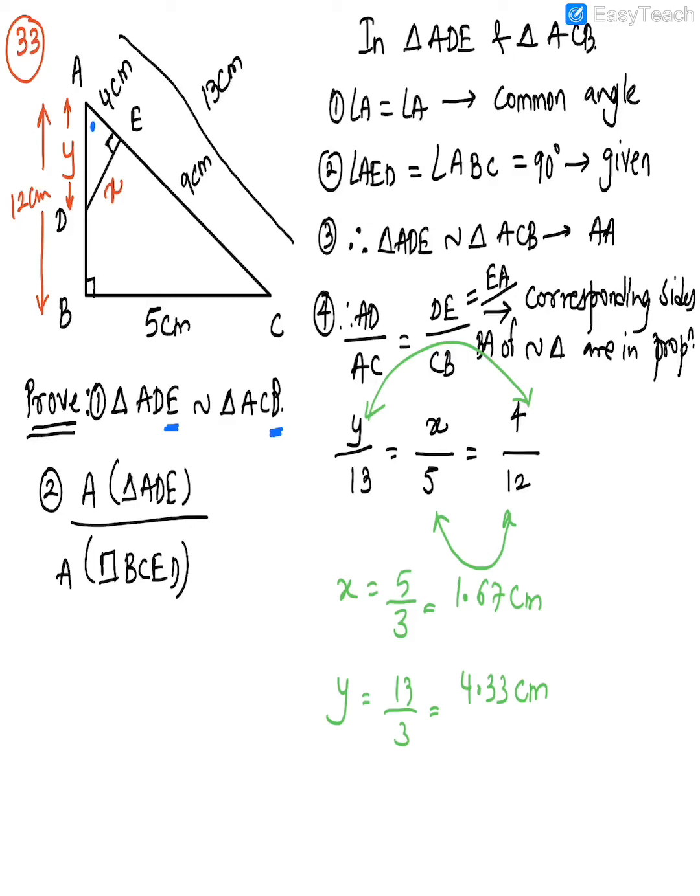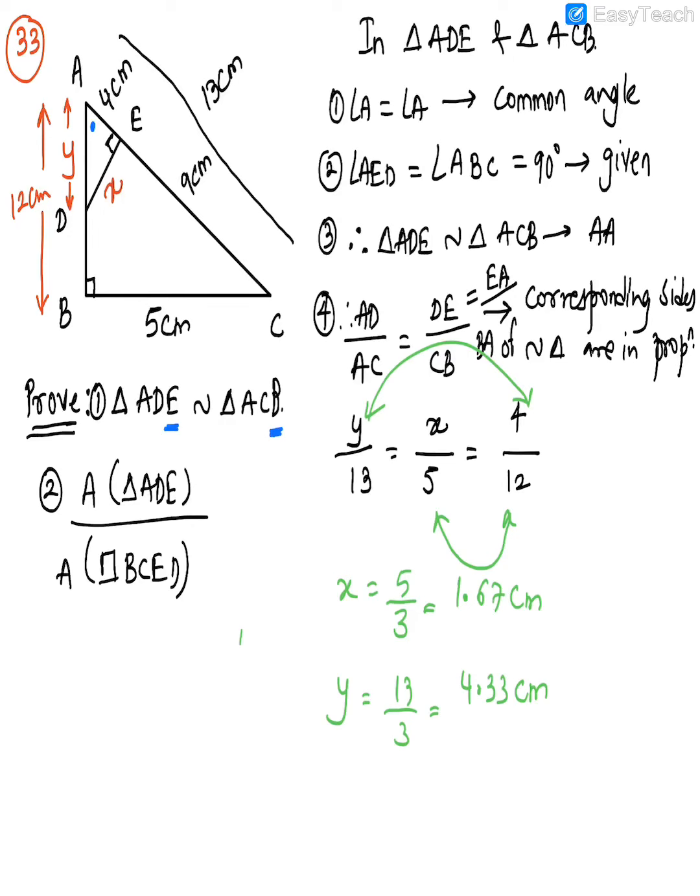The ratio, area of triangle ADE upon area of triangle ACB will be equal to what? Will be equal to AD. One sec, we'll just check the ratio.